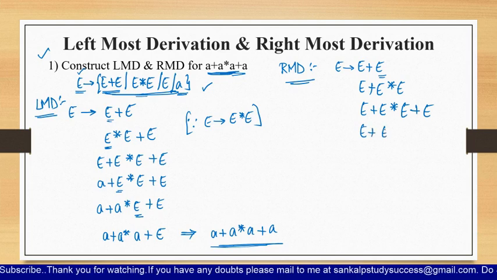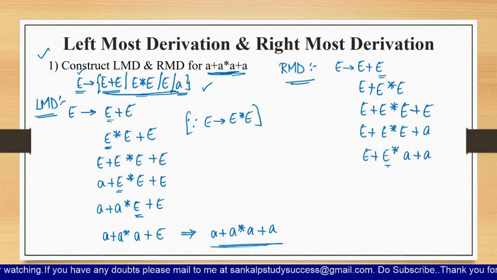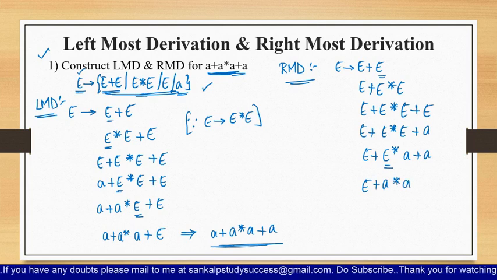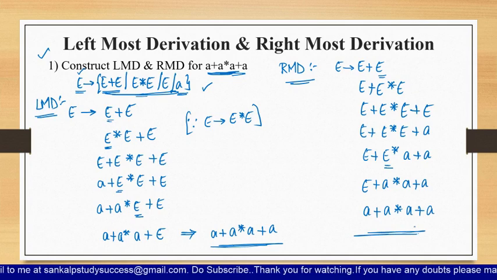So E plus E star E plus small a, and then again the rightmost E is substituted with A. So E plus E star A plus A. Then again the rightmost one, which is E, is substituted with E plus A star A plus A. And then the remaining one term from the right side, which is E, is also going to be substituted with A. So it becomes A plus A star A plus A. This is our input string which is given in the question.